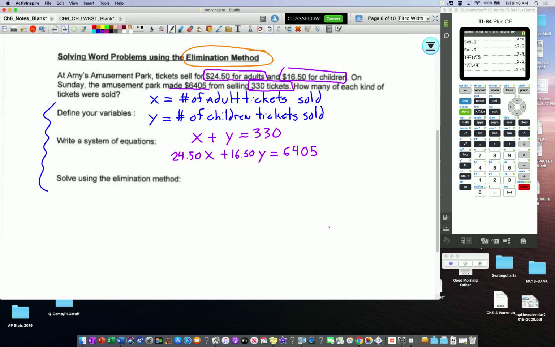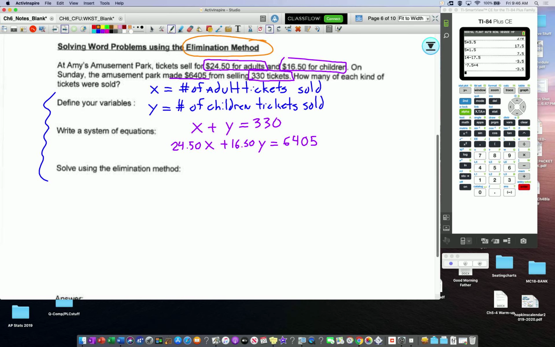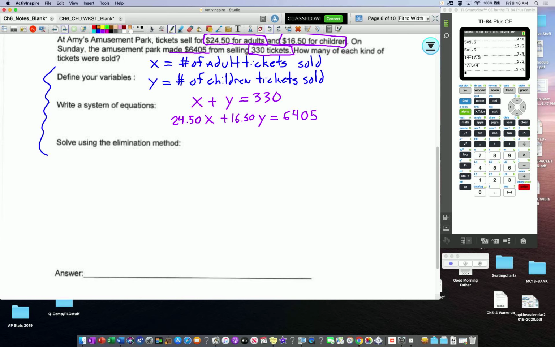So now I'm going to solve it algebraically. What's nice about this is I just have to decide, do I want to get rid of X or Y? I've been in a theme of X's, so I'm going to change it up. I'm going to take this equation and get my Y's to cancel, so I'm going to multiply by negative 1650. You could easily multiply by negative 2450 and solve for the other variable first.